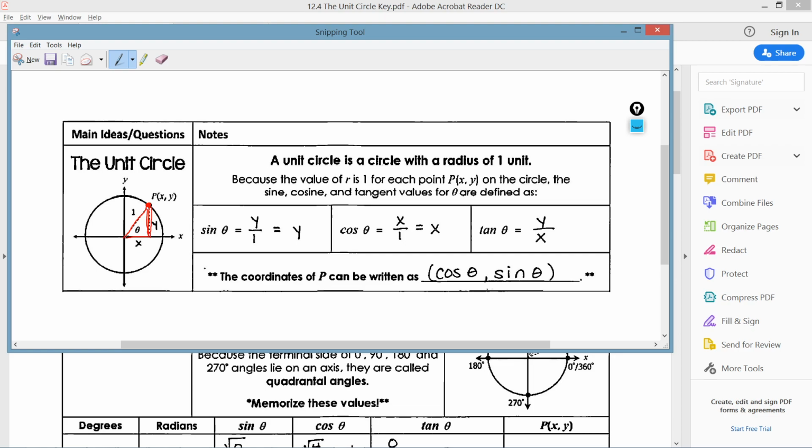Because the x component is how far over we go on the x-axis, and the y component is how far up we go on the y-axis. So that means the coordinates for this point are cosine of theta, comma, sine of theta. Remember, because we write points as x, comma, y. So cosine is x, sine is y. So this is saying the same thing we just talked about in a different way.